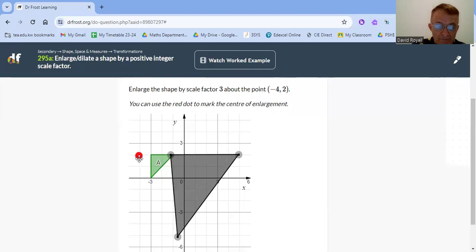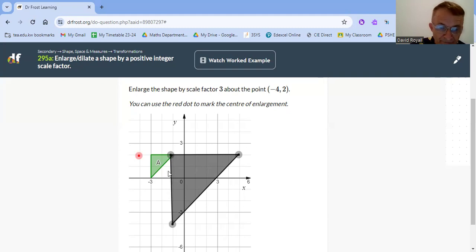Now, what about this one? Well, now this is the important one. We're going 1 across and 2 down. So multiply both by 3. Instead of going 1 across and 2 down, we go 3 across, 1, 2, 3, and 6 down, 1, 2, 3, 4, 5, 6.